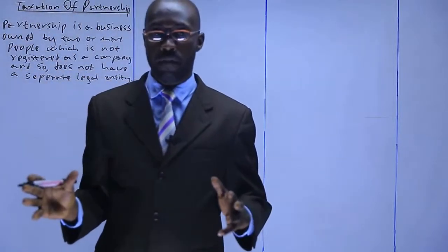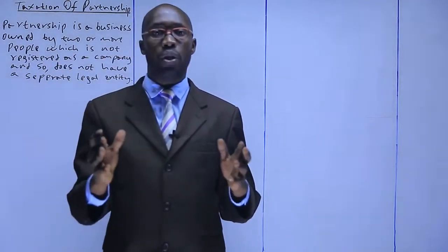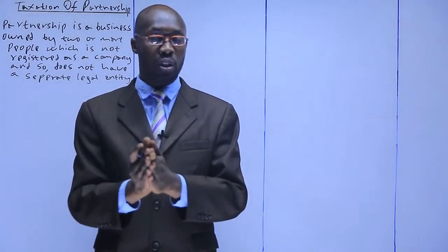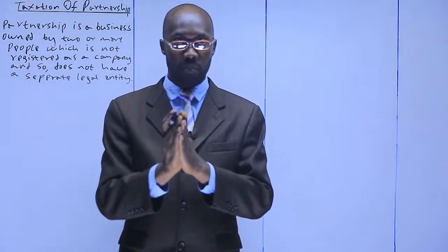But our objective or goal is to know how we usually tax the partnership business. So these are the items that you need to consider when you are taxing the partnership business.